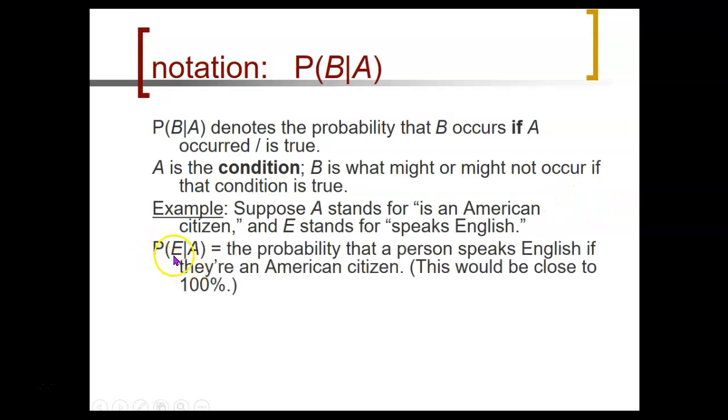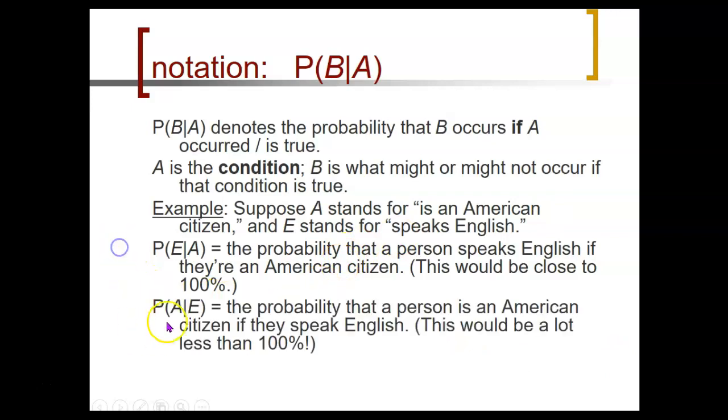Then P of E given A would mean the probability of a person speaking English if they're an American citizen. So if someone's an American citizen, in that case, what's the probability that they speak English? Well, pretty high, close to 100%. Most American citizens do speak English.